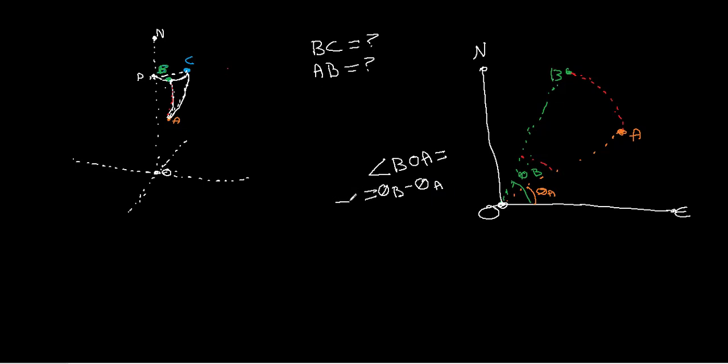We're going to call that delta theta. We also know that the length of both of these lines is r. That's the radius of our sphere, or in this case, the radius of our reference globe. So we know that r is the radius of our reference globe.